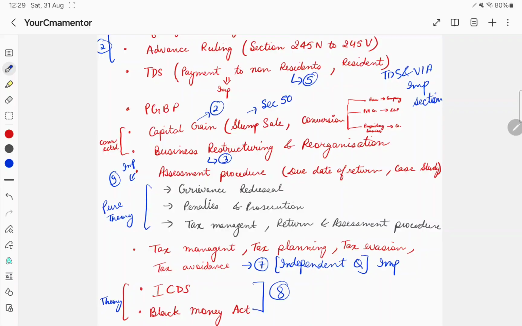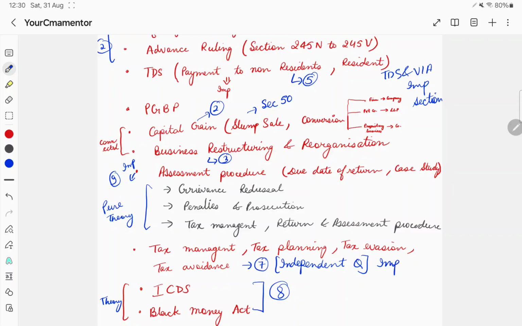Like the institute might ask you to write the due date of the returns, or they may frame a case study regarding scrutiny or any other sections of this chapter. It is a pure theoretical question, so give this chapter at least 2 days to learn all the sections.